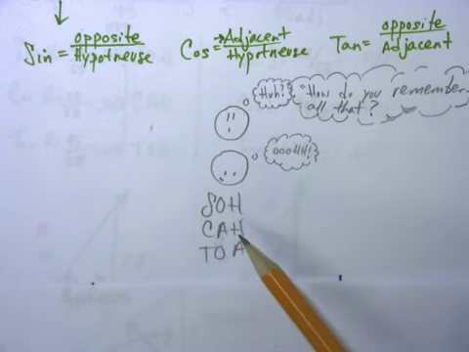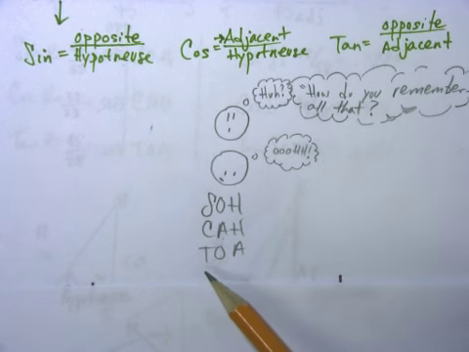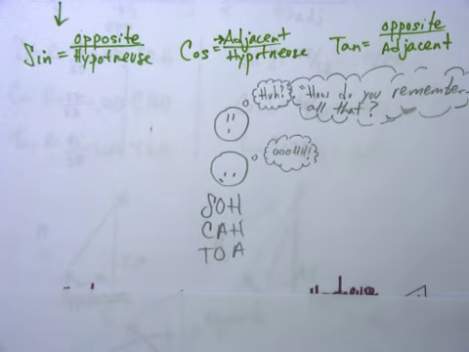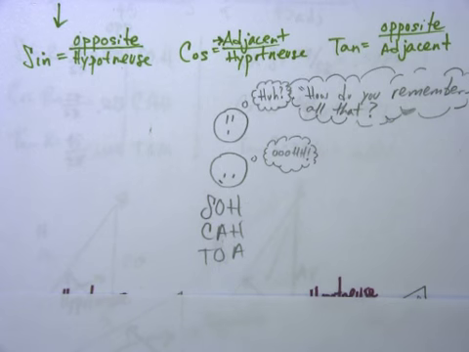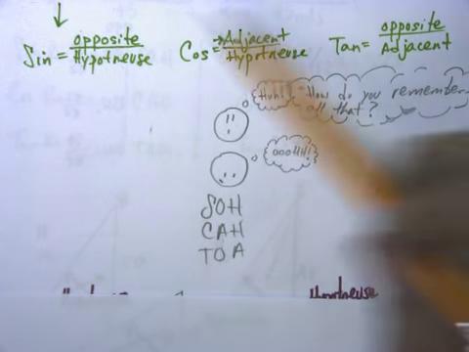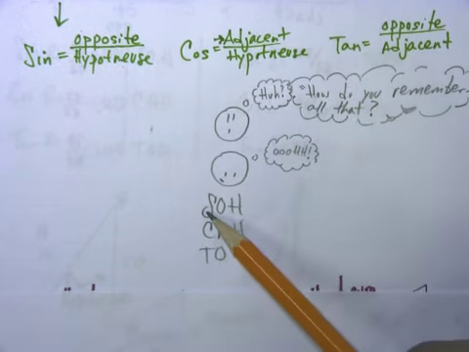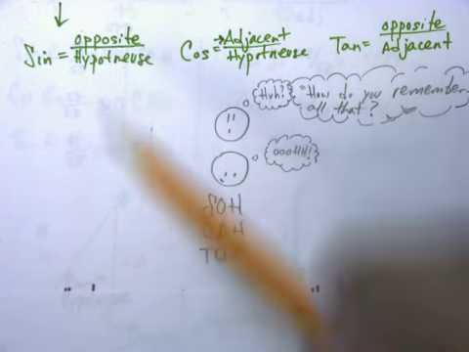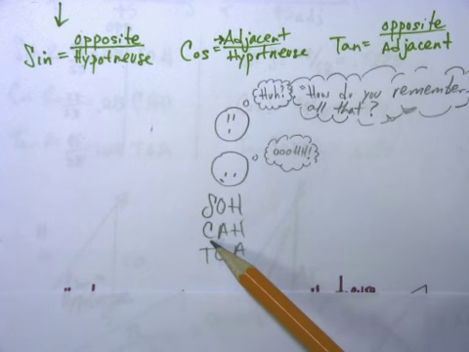SOHCAHTOA. S-O-H, ka, with a strong H sound at the end, and toa. SOHCAHTOA tells me all three trig functions without having to look at the reference sheet or having to memorize this or write it out. The sine function is the opposite over the hypotenuse.